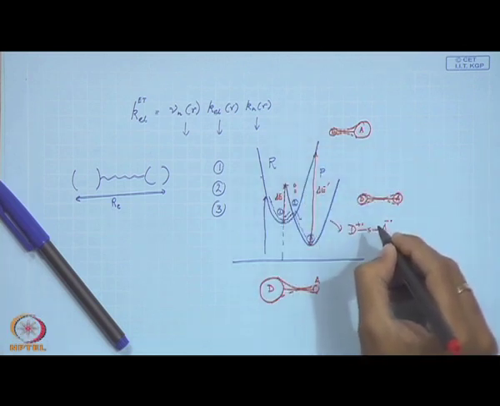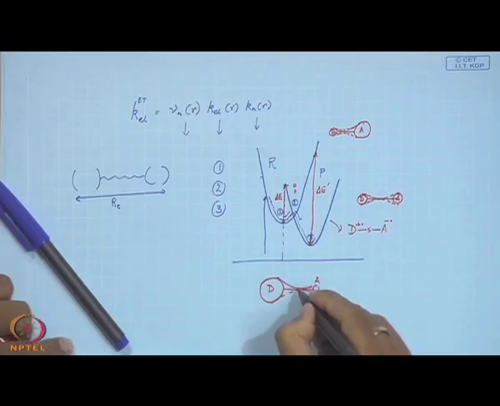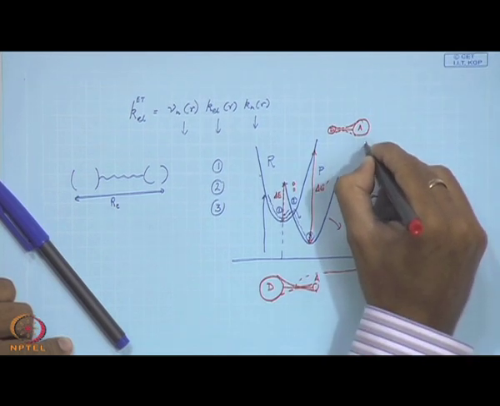Electron transfer rate can thus be viewed as the time taken by the wave function. So, you see that it starts from here, then goes to here, then to here.